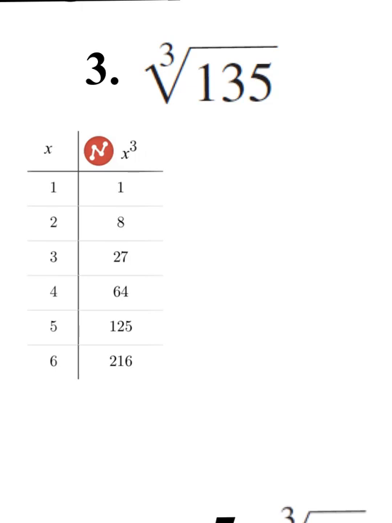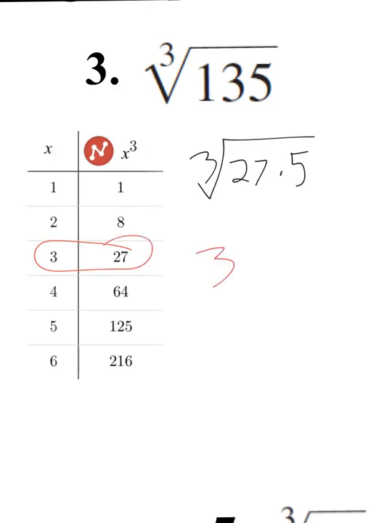135 divided by 27 makes 5. So I'm going to rewrite this as the cube root of 27 times 5. All right. And we know the cube root of 27 is 3. So I'm going to take that 27 and just write 3. And then I don't know the cube root of 5.